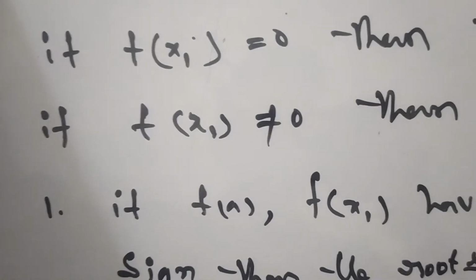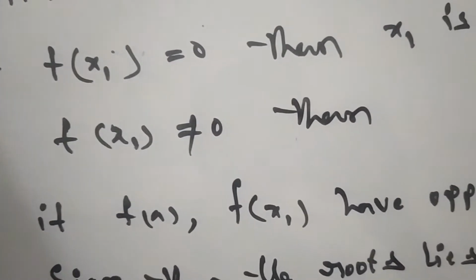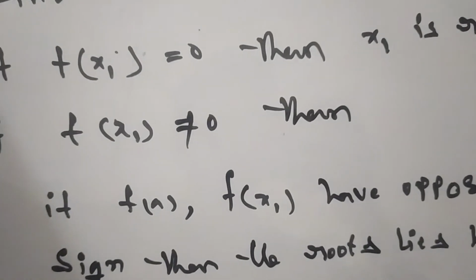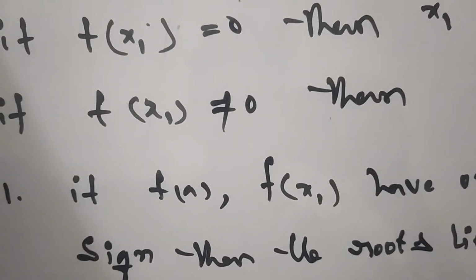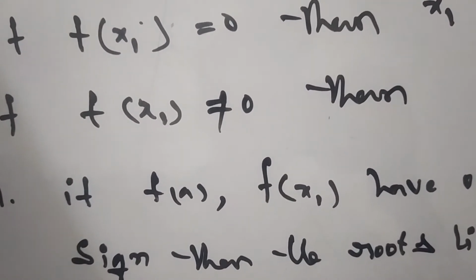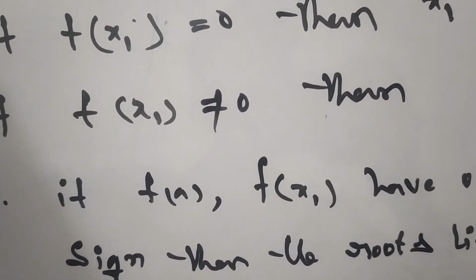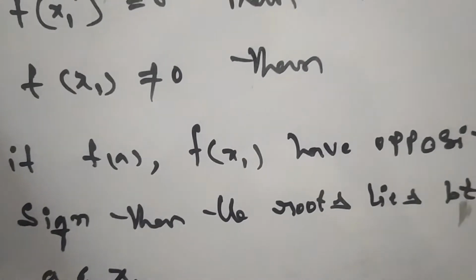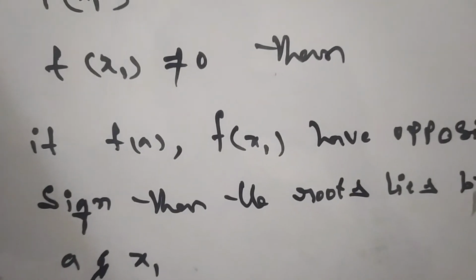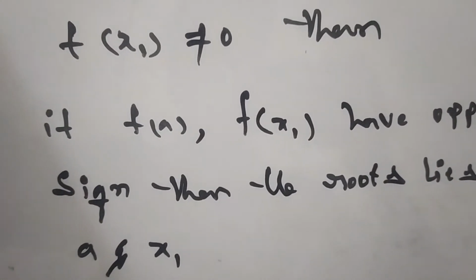If f of a and f of x1 have opposite signs, that means one is positive and the other negative, then the root lies between a and x1.